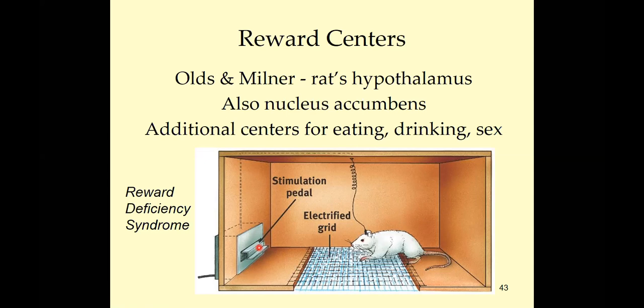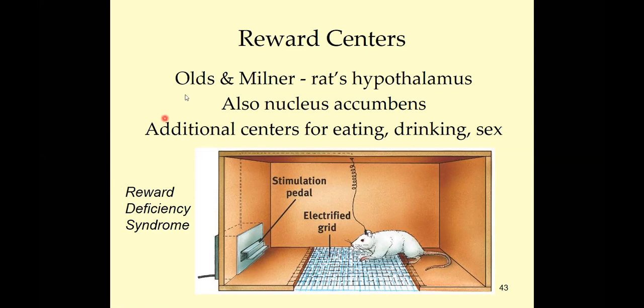And so it's been suggested that maybe one of the roots of addiction for some people is a reward deficiency syndrome. These areas of the brain are not producing their effects normally, yet when recreational drugs are ingested, this produces that activity, and therefore the person becomes addicted to the drug and keeps taking it.